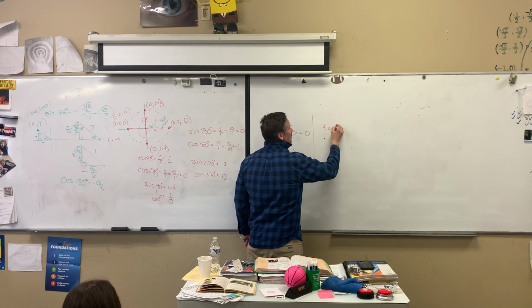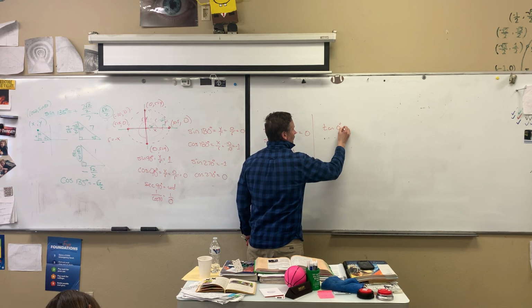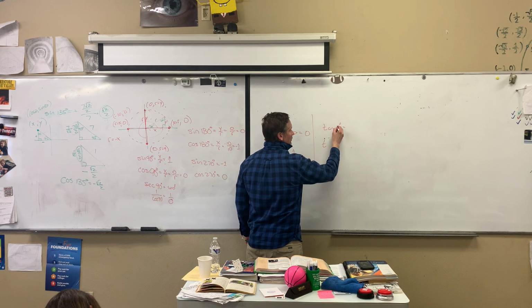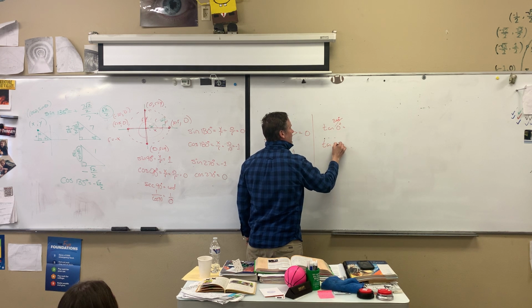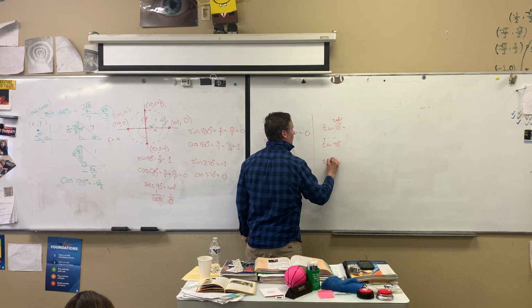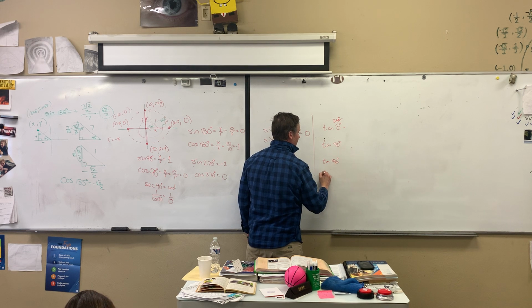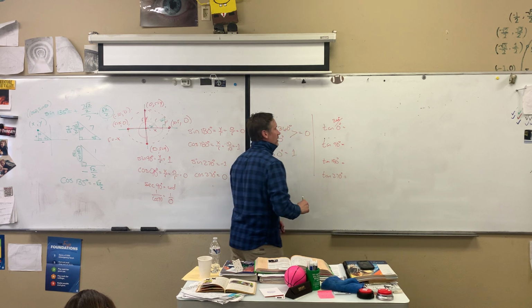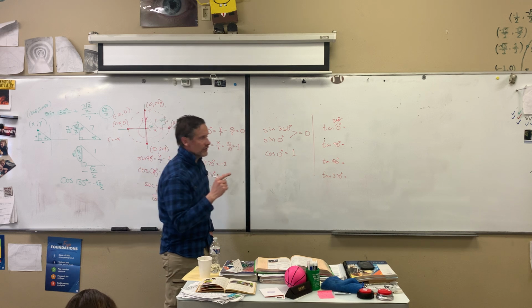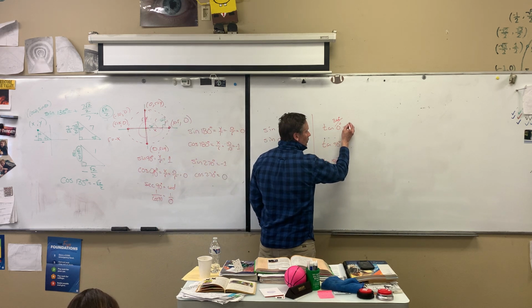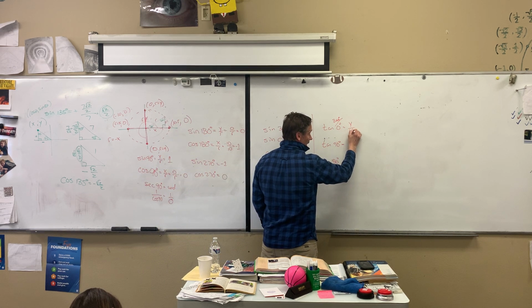Tangent, let's list off all the angles. We'll start at 0, which is also the same as 360, and then we'll go tan of 90, tan of 180, and then tan of 270 degrees. So think about tangent. What's the ratio in terms of x, y, and r? What's the ratio for tangent? Y over x, right?